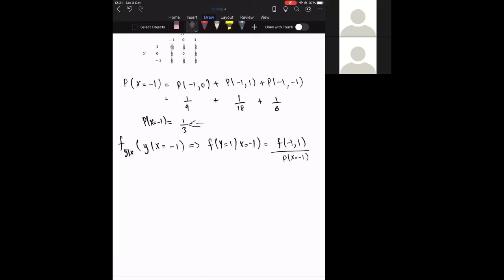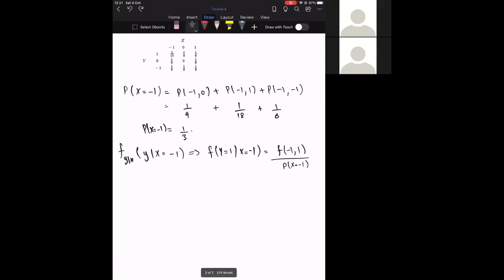And for y is 1, it becomes 1/18 divided by 1/3, which is equal to 1/6.